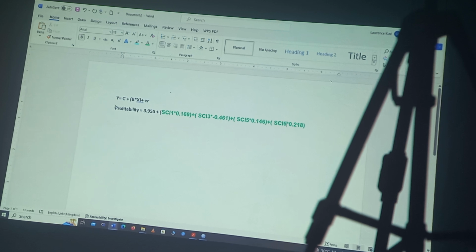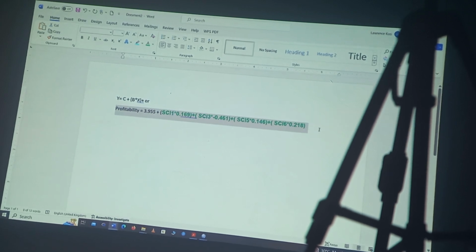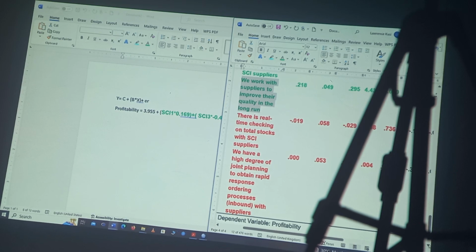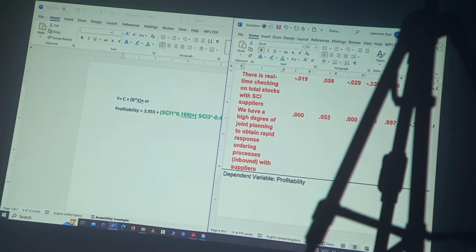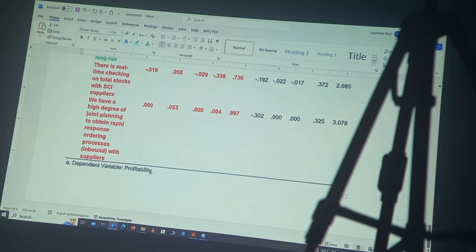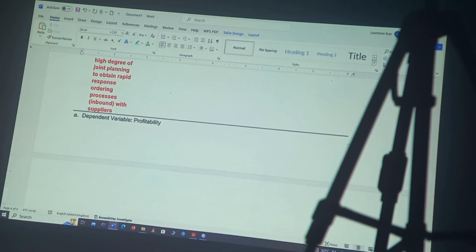So these are the things that they do to improve their profitability. That is the whole of your regression. Before the research, we assumed that almost all these would predict profitability. But the results indicate that about 4 items do.